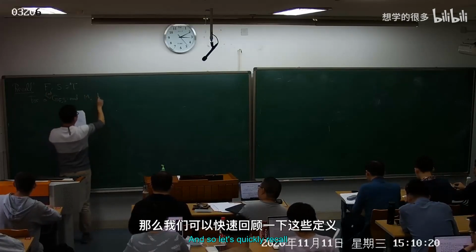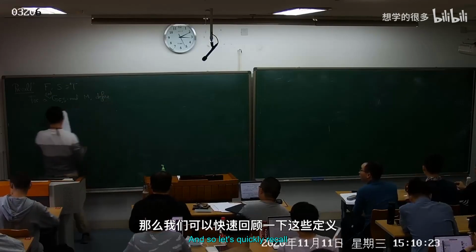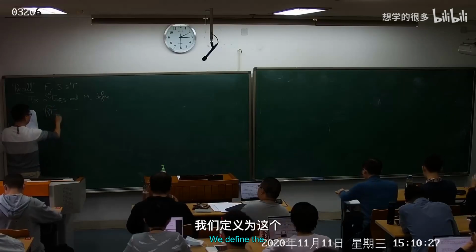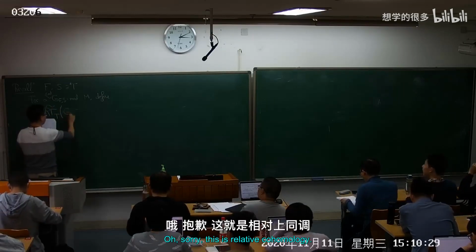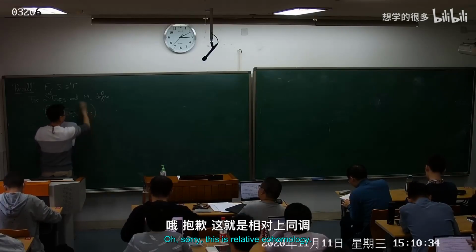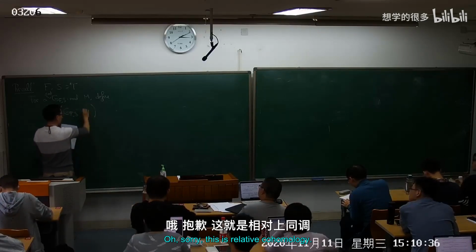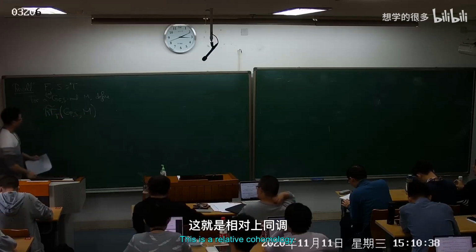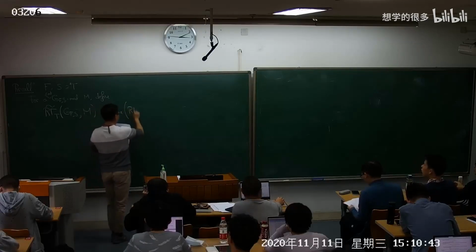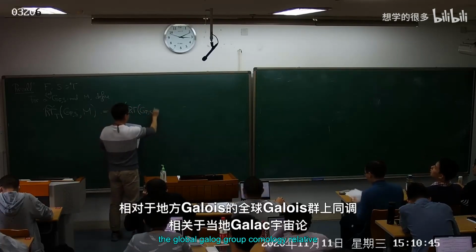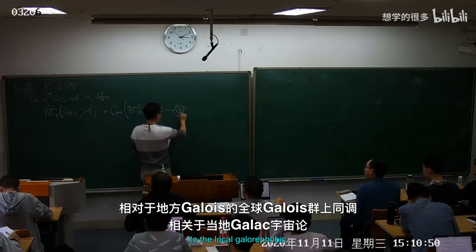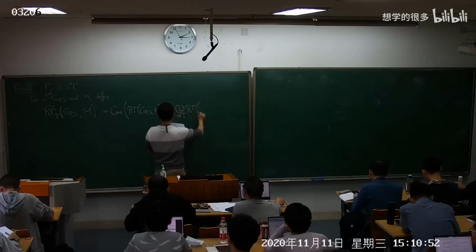So let's quickly recall these definitions. We define the so-called relative cohomology. This is the global Galois group cohomology relative to the local Galois cohomology.